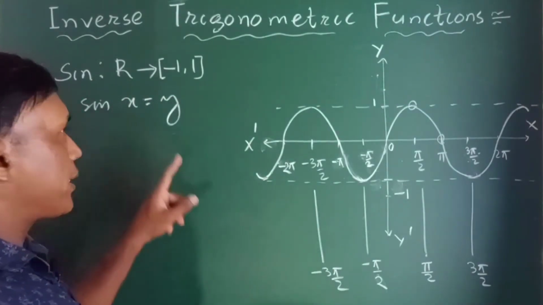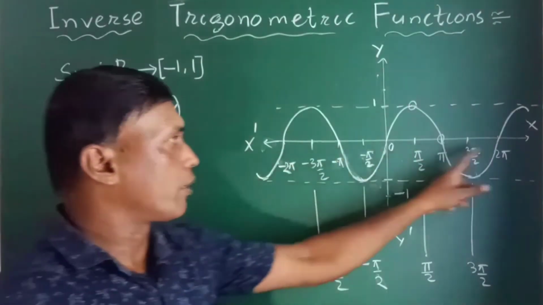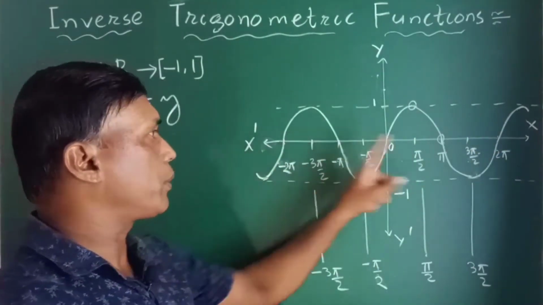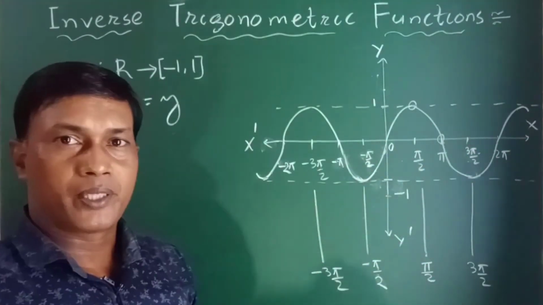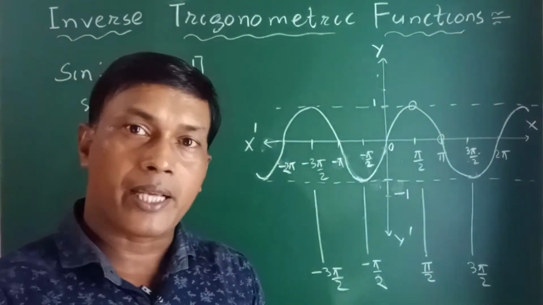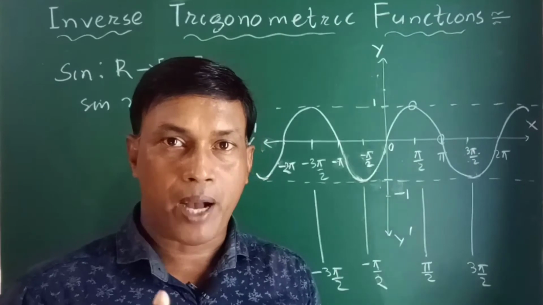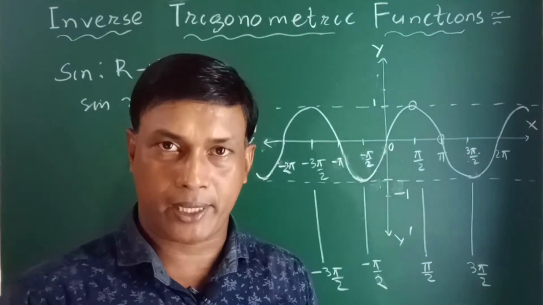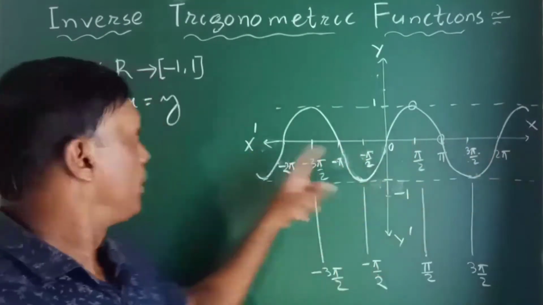So x belongs to the real numbers, that means on this number line from minus infinity to infinity. This function is sine from R to minus 1 to 1. If this sine function is bijective, then its inverse exists. First, to show whether this function is bijective, look at this real number line where x lies.